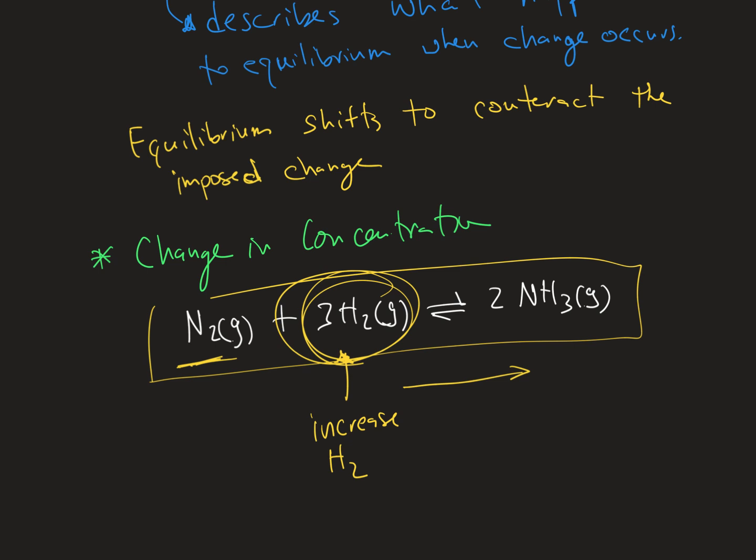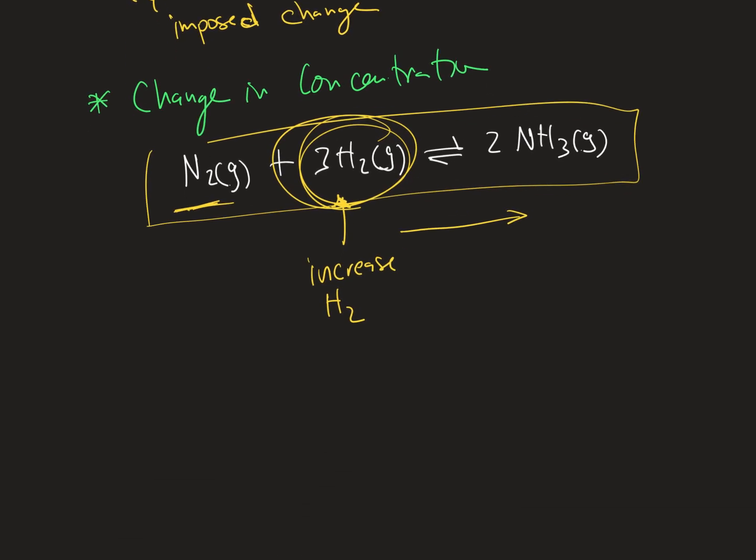It's going to push it the other way. Because it's going to try to achieve equilibrium again. If we put a change in there, it's no longer in equilibrium. So it's going to do what it needs to do to get back to equilibrium. Good? All right, so that's concentration.